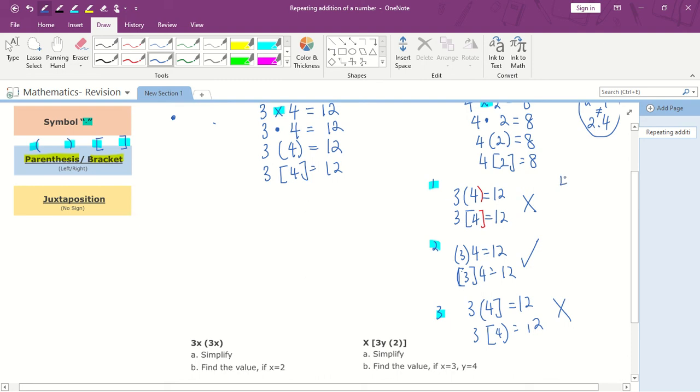And you might ask again, can we do something like this? Is that correct? Yes, it is correct. If you do something like this, it's also the same, it is correct. So don't worry about it.